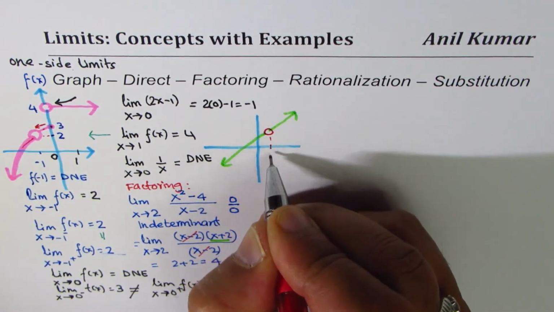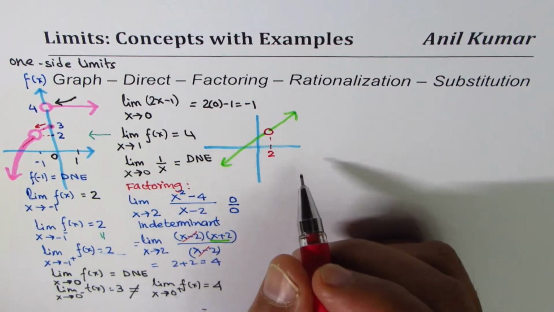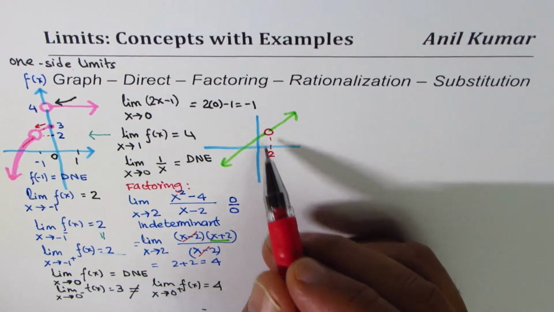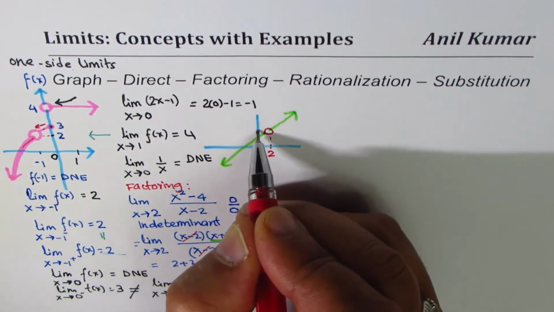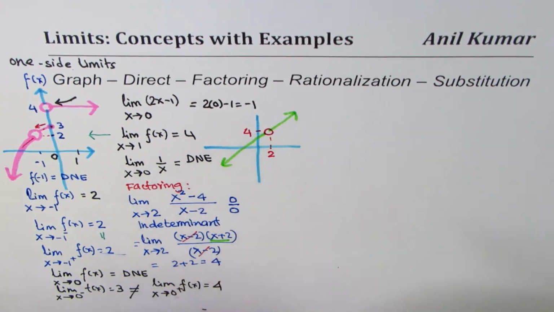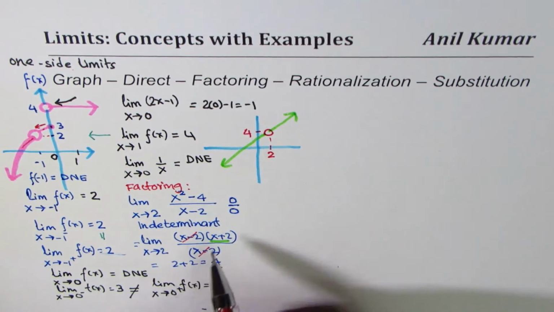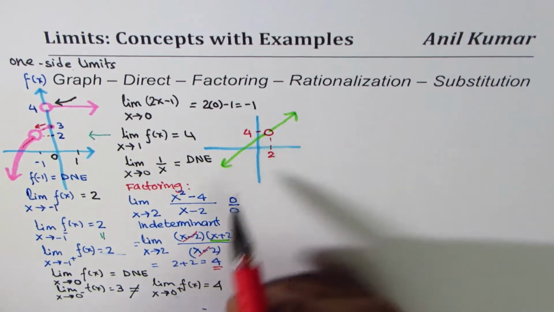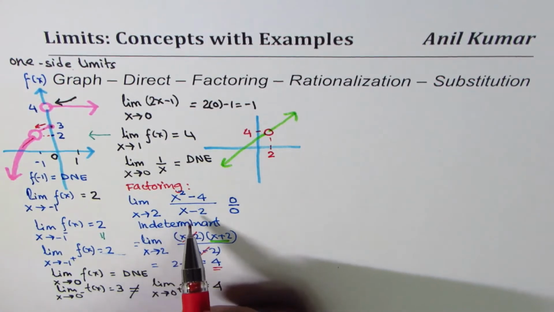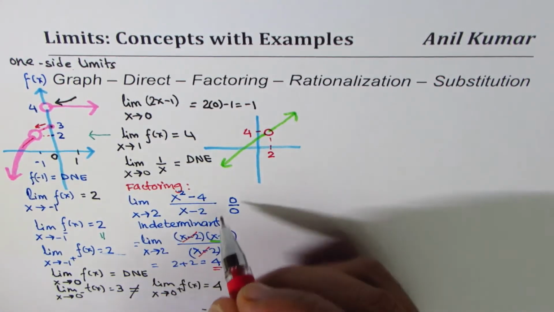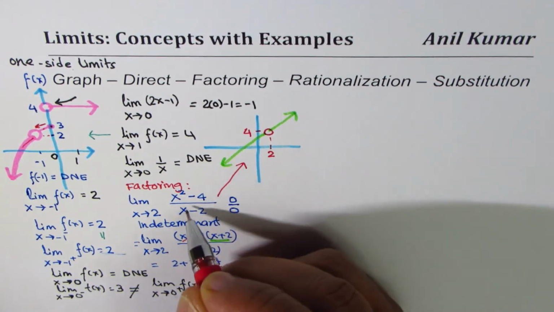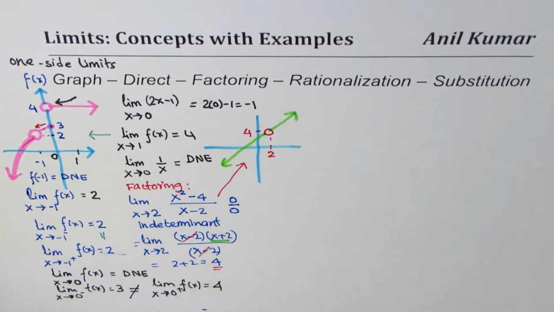Let's say this point here is 2. Is that okay? So at 2 the function is not defined. However, we have a hole whose y value is 4. Do you see that? That's what we really mean. So this factor which cancels out leads to a hole. So this is the graph for the function where we factored and found the limit.